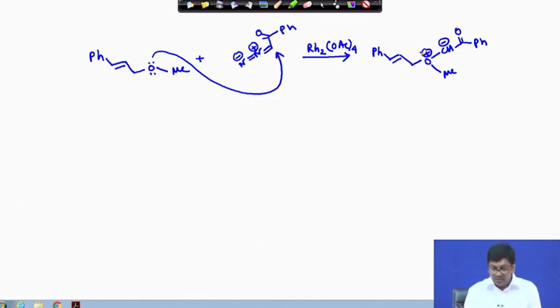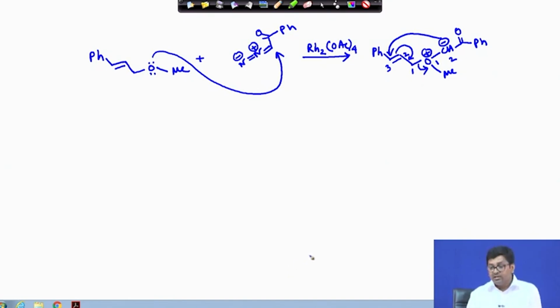Okay. Now, this ylide is ready to attack for the further 2,3 sigmatropic rearrangement. So, this is 1, 2, 3. Okay. So, now 1, 2. So, if we see, now this can attack over here, and this sigma bond can break. Okay.